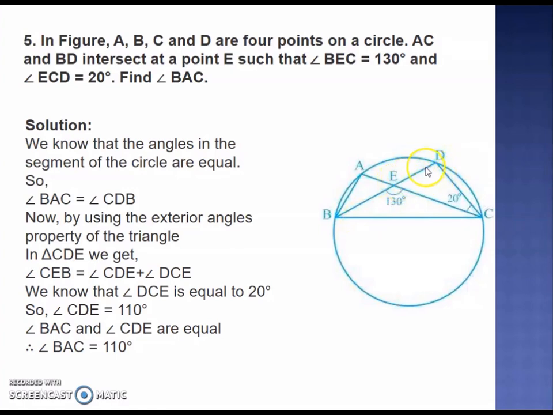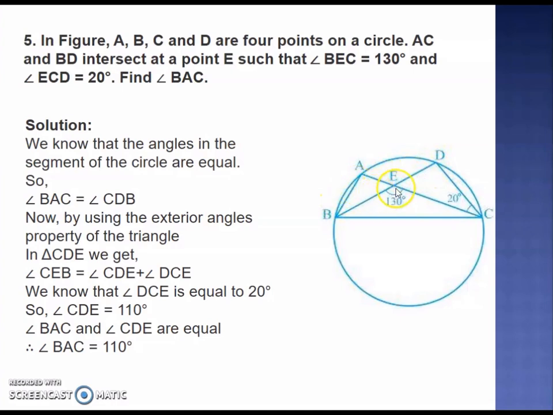If you consider this triangle EDC, this angle is 20 degrees. The sum of angle C plus angle D is equal to exterior angle E. For this triangle EDC, this angle 130 degrees is the exterior angle, and corresponding to this exterior angle you have two interior opposite angles, angle D and angle C. So the sum of these two, C plus D, should give you the exterior angle E. So using that you can find out angle D. So angle CDE will be 130 minus 20, that is 110 degrees.